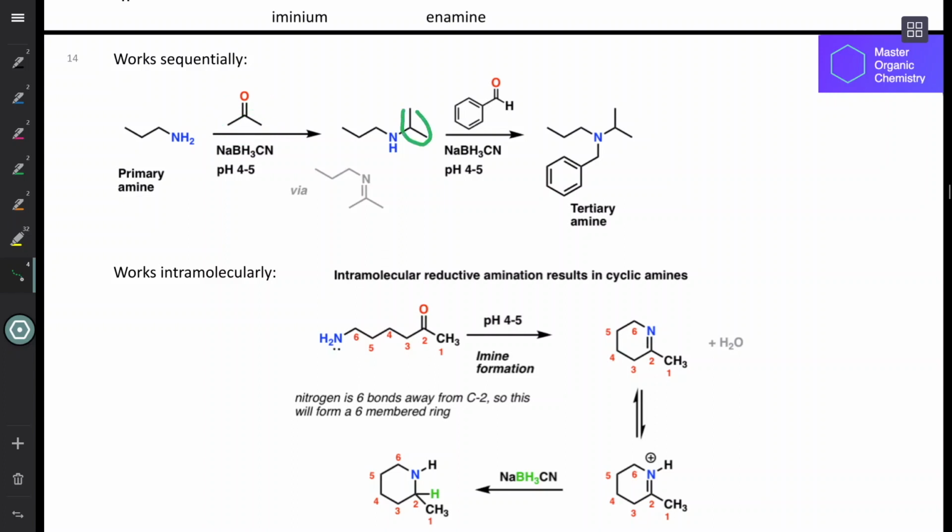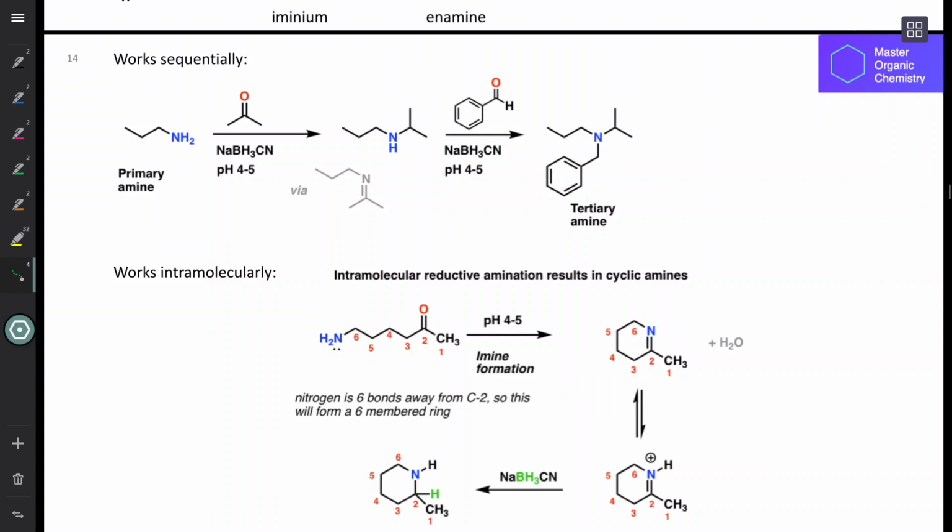So these get added here, and then you can purify this and start again, put in a secondary aldehyde or ketone, do the reaction again, and install that group.